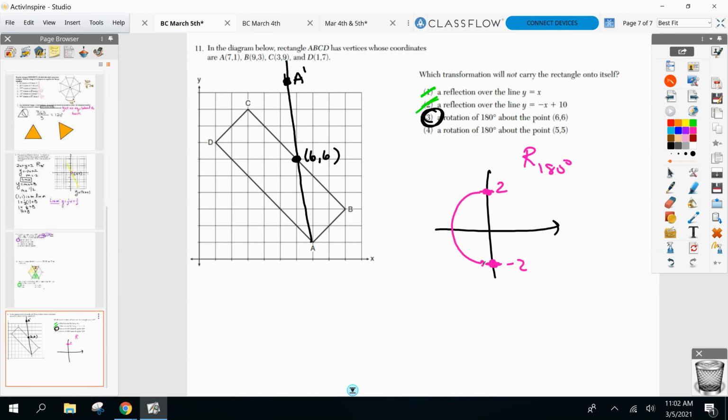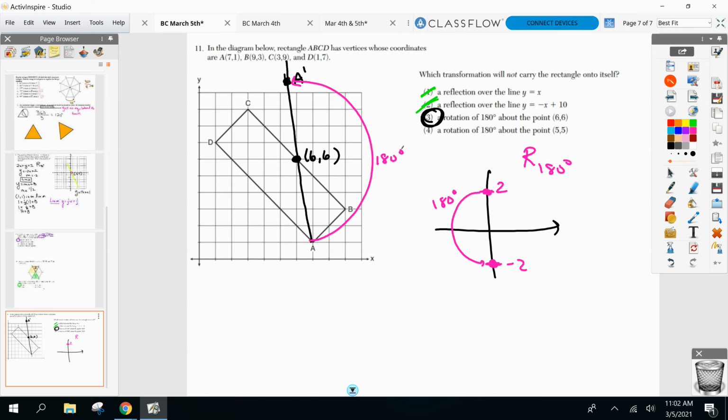Because this is 180 degrees, a straight line. So it ends up on the other side of the point you're rotating around. I got to rotate around 6, 6. So as I go from A to A prime, that's going to be 180 degrees because it's on that straight line. Oh, okay. It goes on the opposite side.